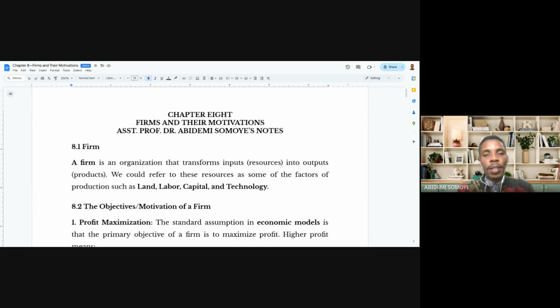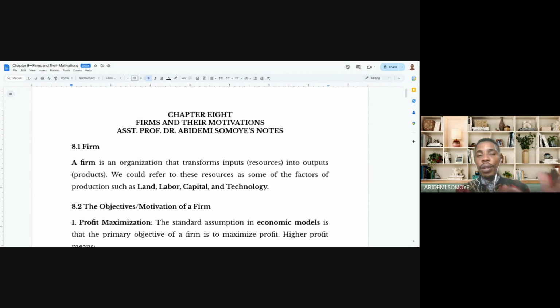All right, so we're going to start with the definition of a firm. A firm is an organization that transforms inputs, which are resources, or we usually call them the factors of production, into output, the product or the service. We could refer to these resources as some of the factors of production, such as land, labor, capital, and technology.